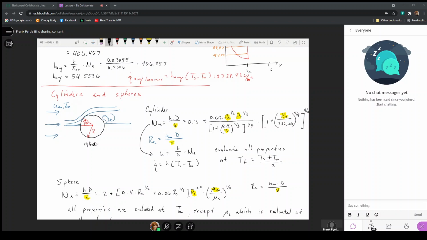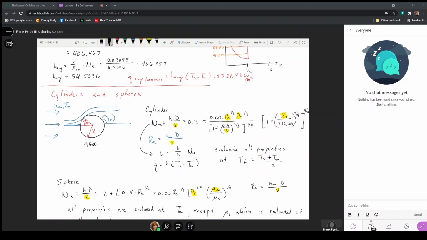And so there's a single correlation that I presented the last time for the expression of a Nusselt number for flow over a cylinder, where the Reynolds number and the Prandtl number are still used to define the Nusselt number.